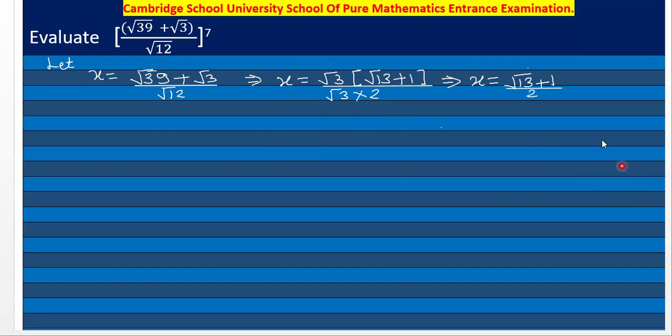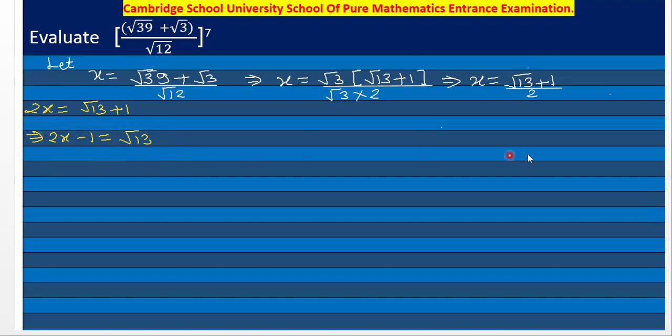Now cross multiplication: x into 2 becomes twice of x is equal to square root of 13 plus 1. We transpose the 1 to the left side, it becomes twice of x minus 1 is equal to square root of 13. Now we square both sides, the left hand side as well as the right hand side.